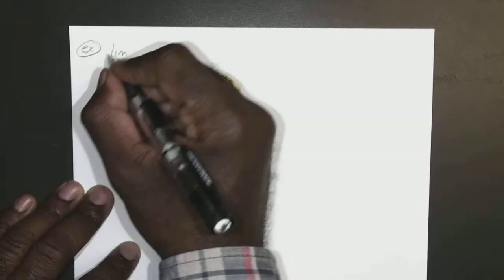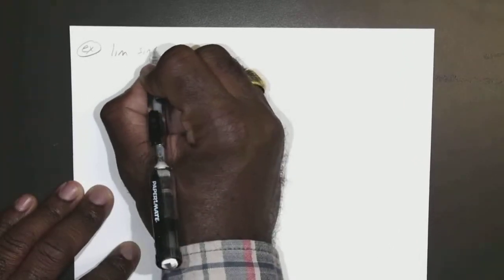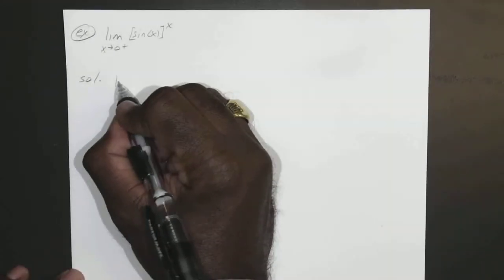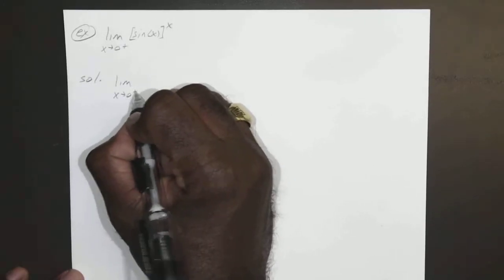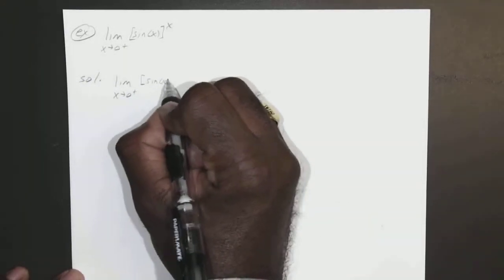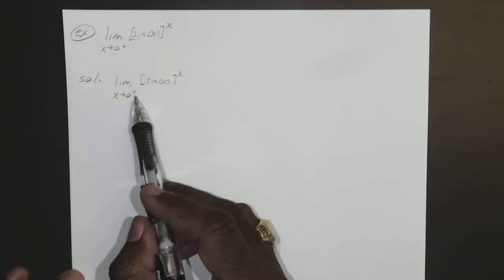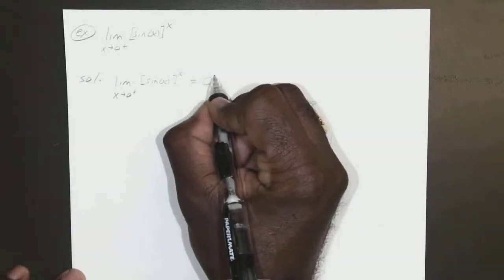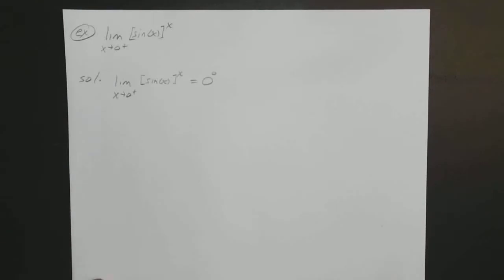Okay, so let's say, for example, we want to find the limit of sine of x to the power of x as x approaches 0 from the right. Okay, so we know as x approaches 0 from the right, if we plug in 0, we get sine of 0, which is 0, to the power of 0, which is not indeterminate.